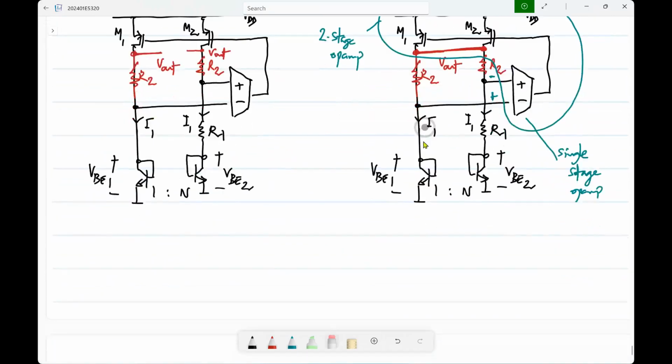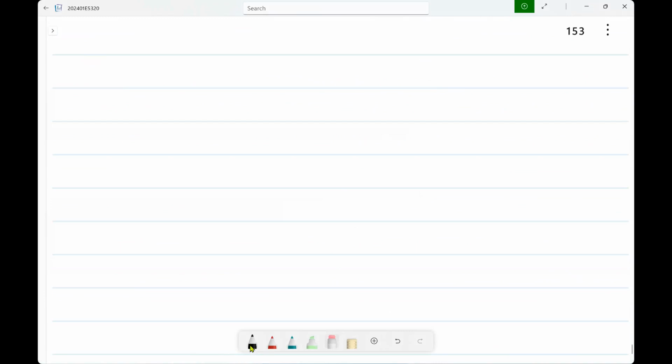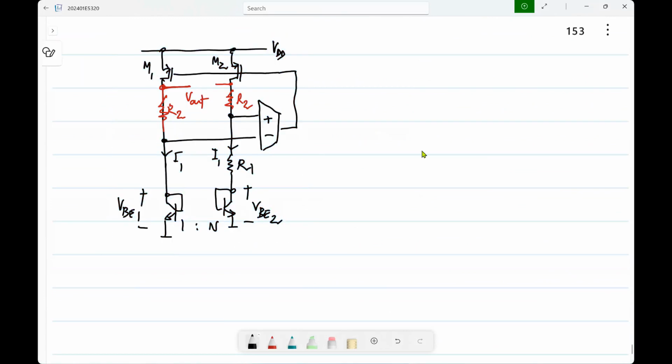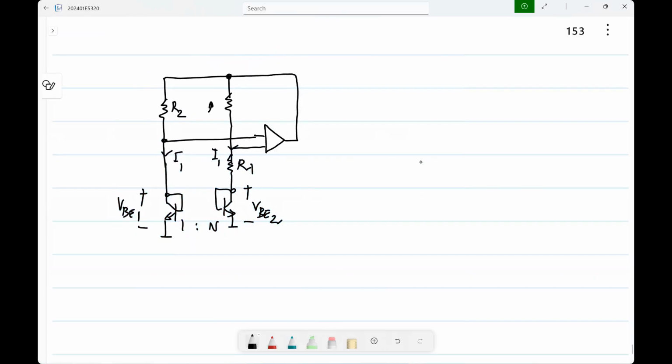So you can also write the same circuit. Okay, so you may see this also.